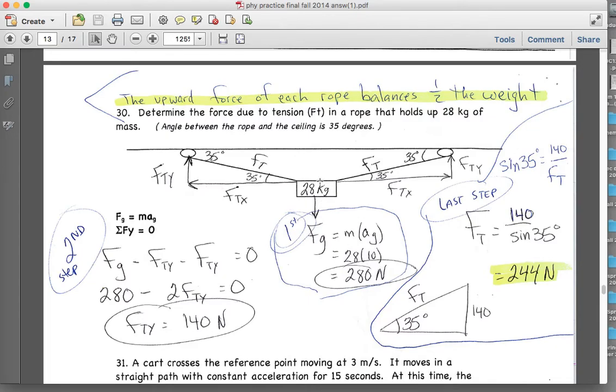So this 28 kilogram object, this 28 kilogram mass, weighs 280 newtons. The vertical component of the force would be half of that, and then once you've got that upward force of 140, it's pretty easy to find the hypotenuse, to find the force due to tension for the actual string, the actual rope.